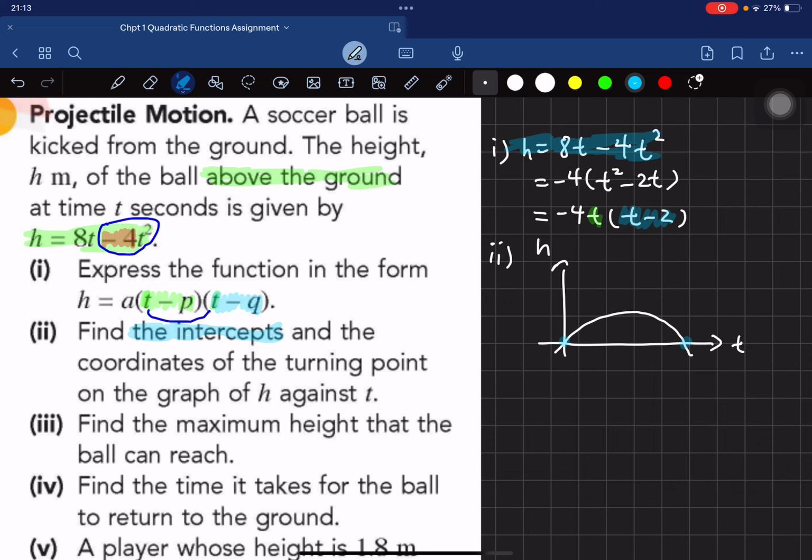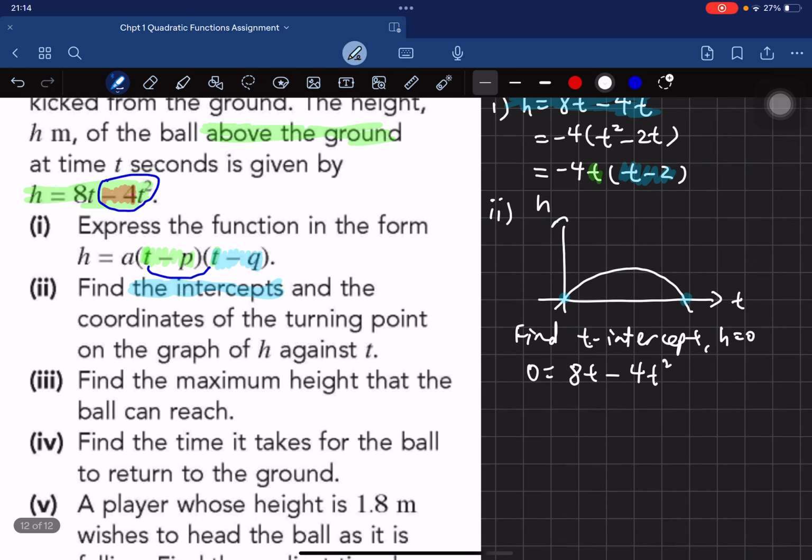So how do we find them? Recap: to find the x-intercept, or in this case the t-intercept, my bad, because there's no x, which is where it cuts the horizontal axis, my h has to be 0. So it's actually solving 0 equals 8t minus 4t squared.